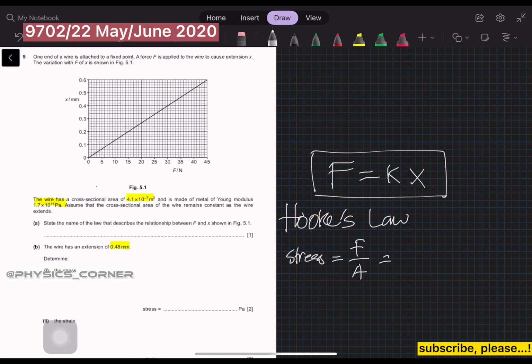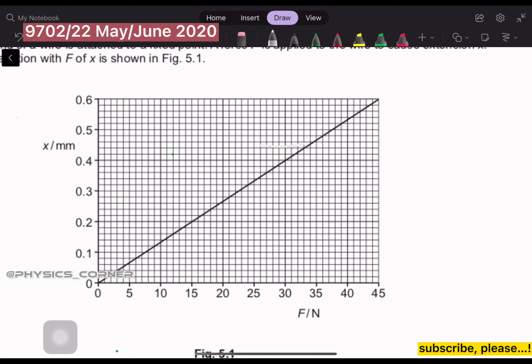Force is, we see, when the extension is 0.48 millimeter, the force is here. We zoom in here, this is 48.